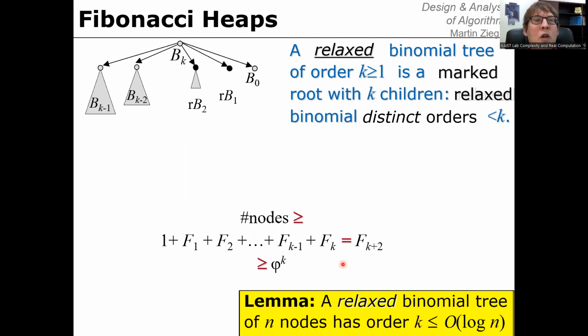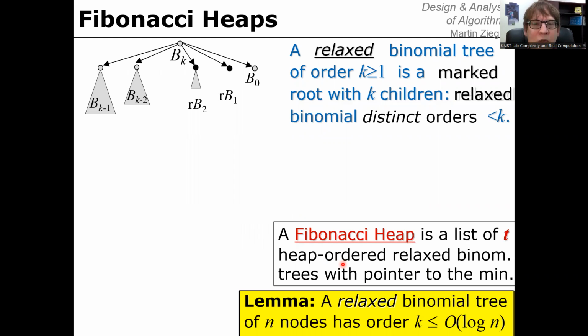Fibonacci heaps being a collection of relaxed binomial trees. More precisely, a Fibonacci heap is a list of heap-ordered relaxed binomial trees with a pointer to the minimum. Now recall what heap order means. It means that the value in the node is smaller than the value in all its children. So that's something subtly different from a search tree, where the values in the left subtree are smaller than those in the right subtree.